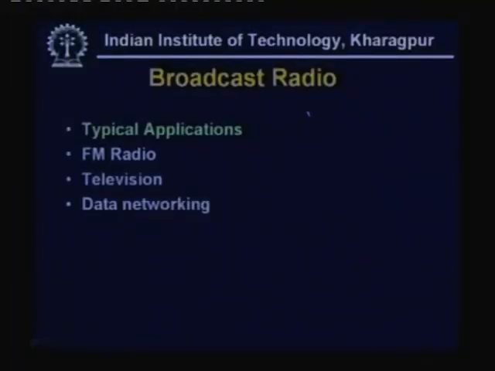So, these are the several parameters or characteristics of broadcast radio. And these are the typical applications of broadcast radio: FM radio, then television, then data networking.